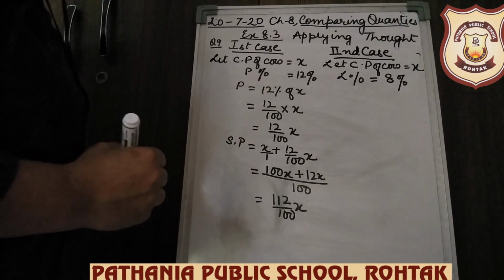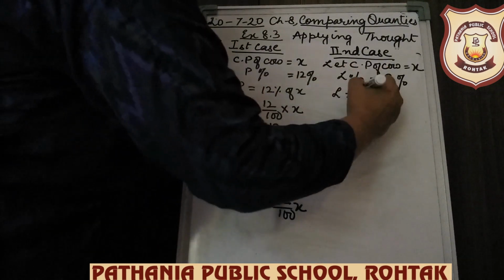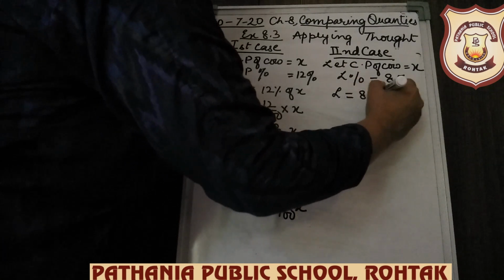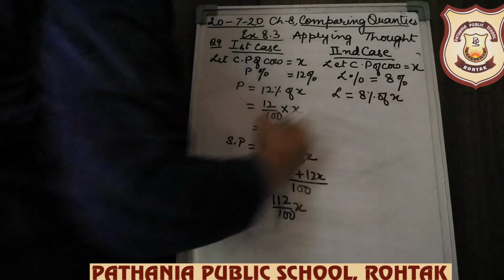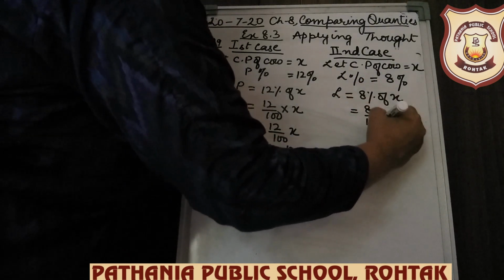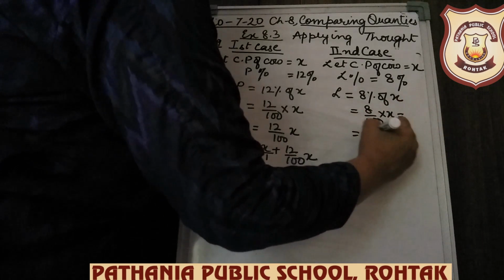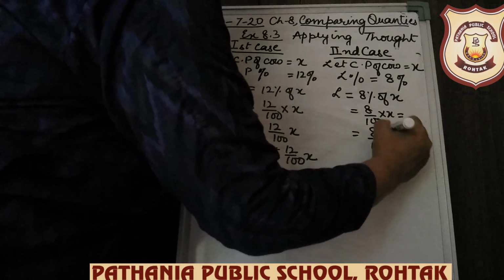It is given as 8%, so calculate the loss. Loss is 8% of CP, that is X. So it is going to be 8 upon 100 multiplied by X. So 8 upon 100 X.